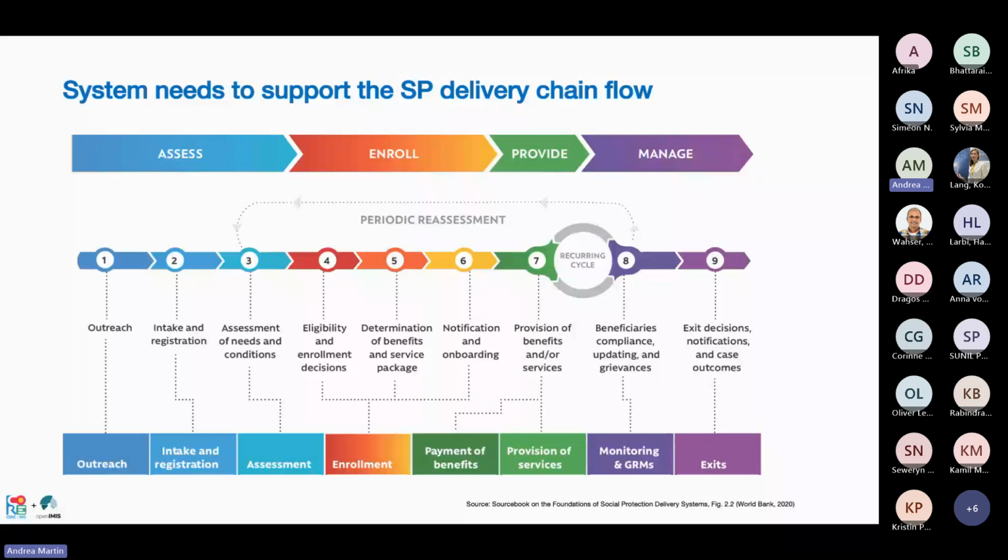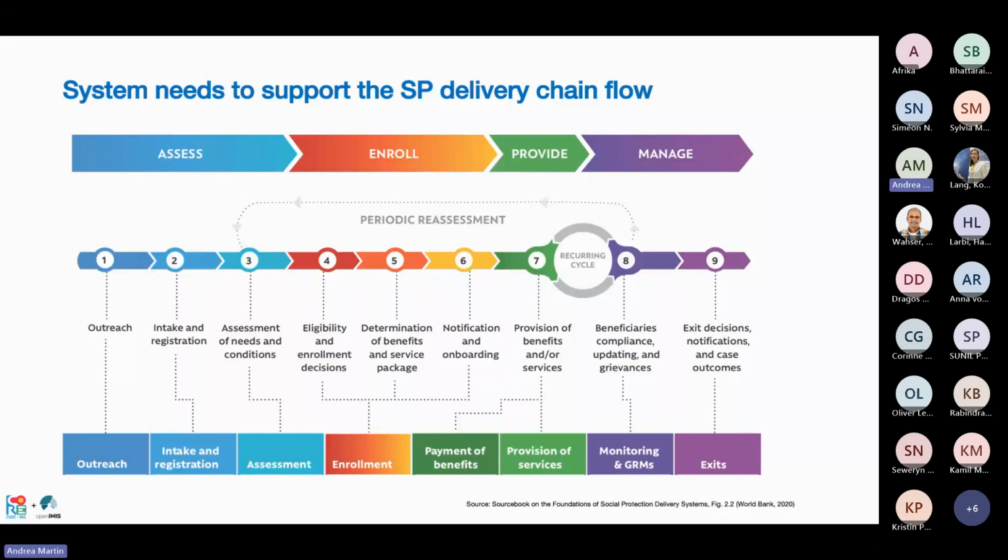So we see there a loop that goes from A to 3. The idea is that these programs are not meant to go on forever, but there should be a reassessment of the participant in order to check if they are still eligible, and if not, to graduate them from the program and, let's say, make space for other people who might be eligible.